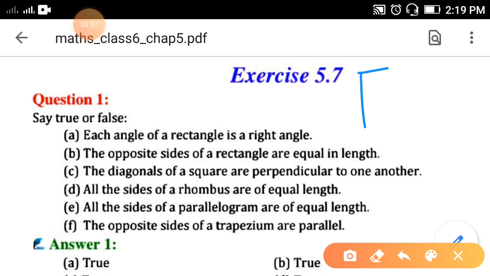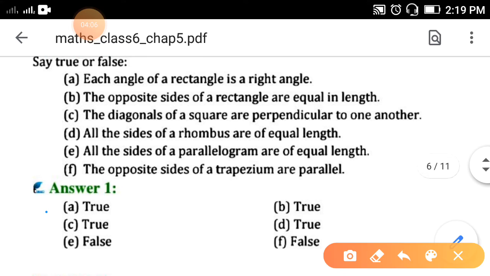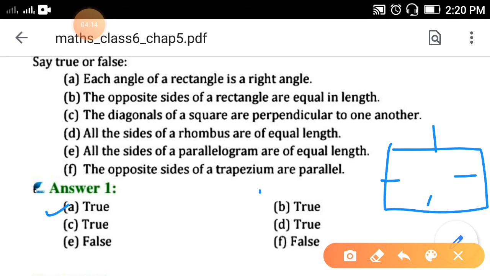So you know this is a rectangle made up of 4 line segments and all 4 angles are right angles. So first one true. B. The opposite sides of a rectangle are equal in length. Yes, the opposite sides are same. So B is true.